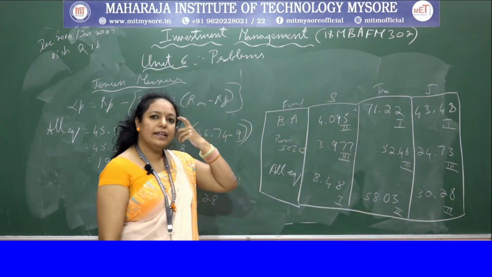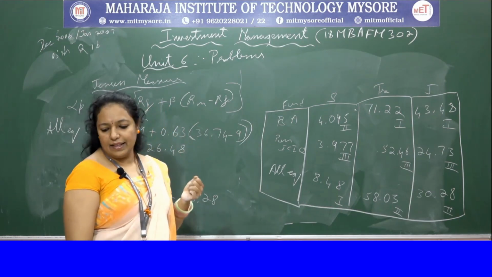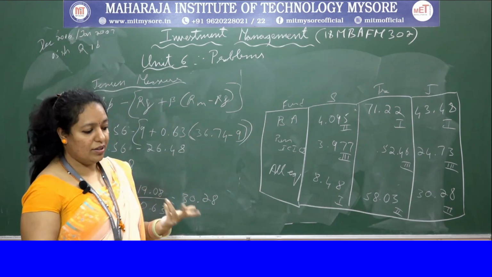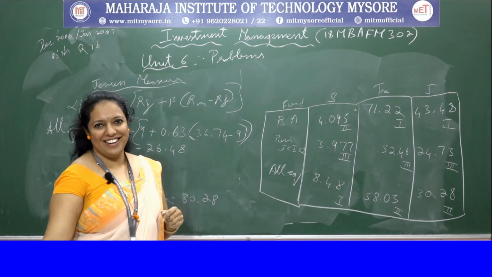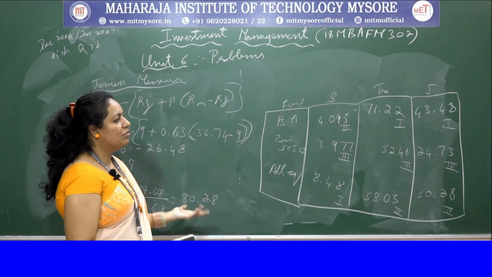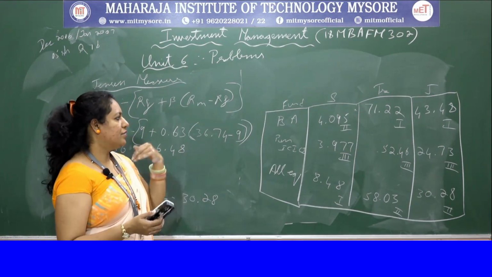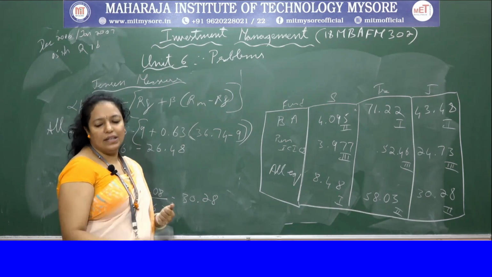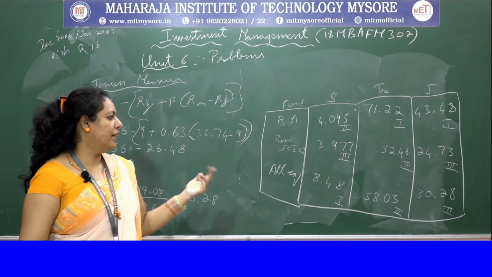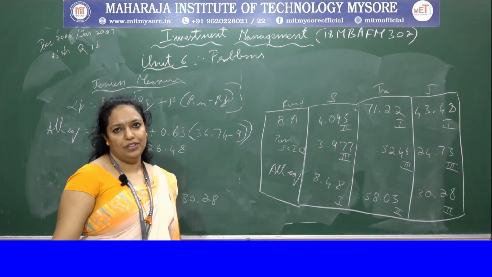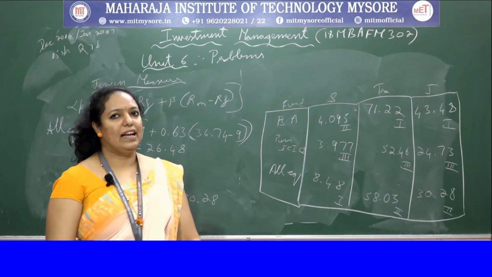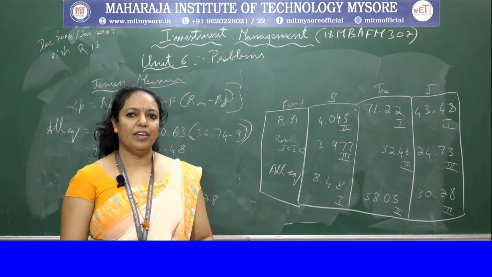So when you see the table, you can clearly say that Birla Advantage has got the advantage, right? According to Treynor's and Jensen's measure, it has got the highest ranking. So Birla Advantage has got a good ranking when compared to other funds. So you have to invest in Birla Advantage.